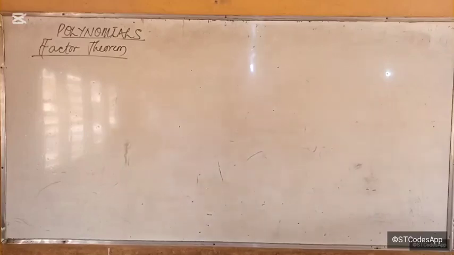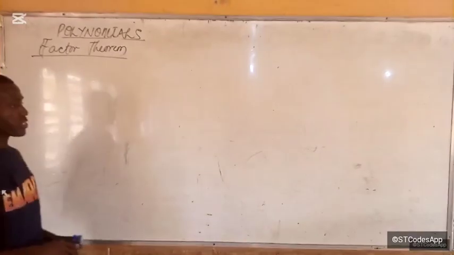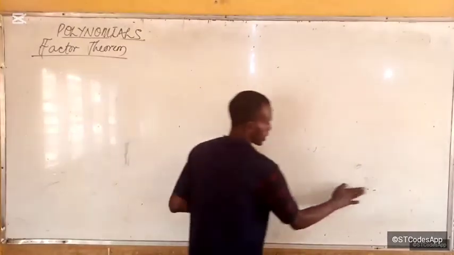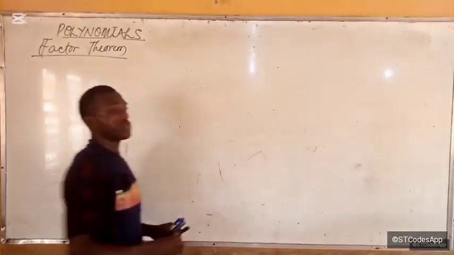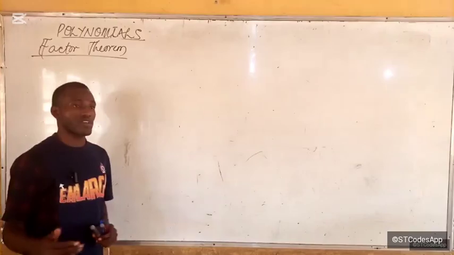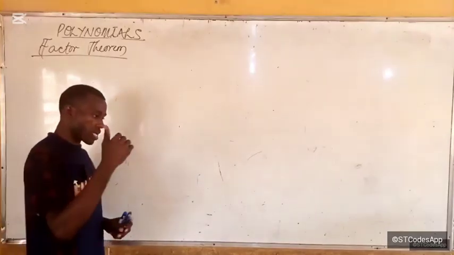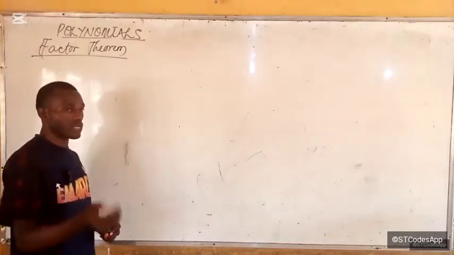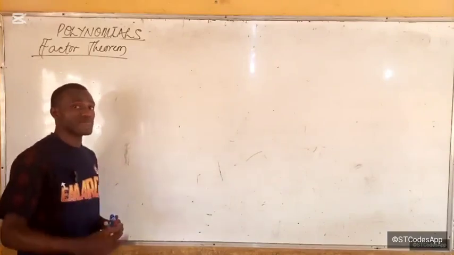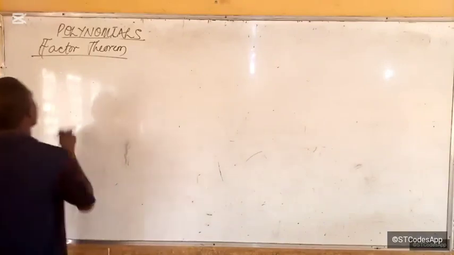Now, the factor theorem is this simple one here. The factor theorem says that a particular divisor is a factor of a polynomial if it divides that polynomial f of x.